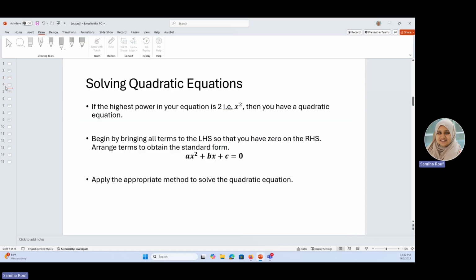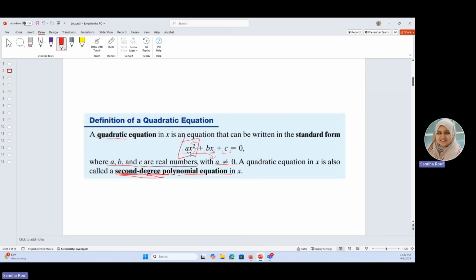Okay, so just some highlights regarding solving quadratic equations. If the highest power of your equation is 2, so you have, again, your variable squared, x squared, y squared, z squared, doesn't matter whatever your variable is, if you have a squared somewhere in the equation, then you have a quadratic equation, and you should be able to formulate the equation such that it is in the standard form where you have ax squared plus bx plus c equal to 0.